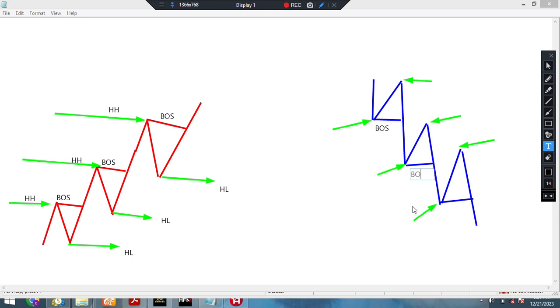Then we have here BOS. That is break of structure, break of market structure.